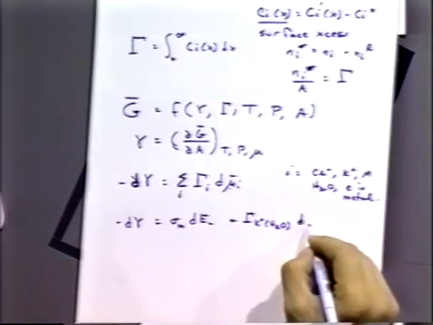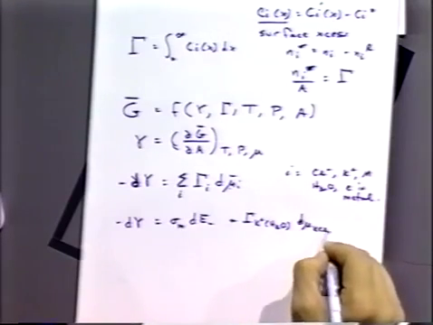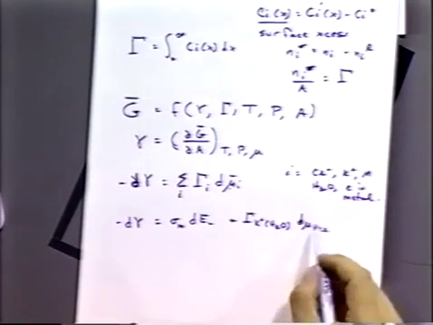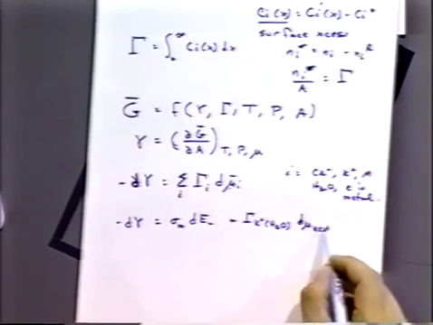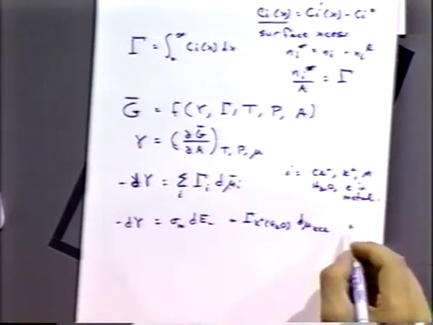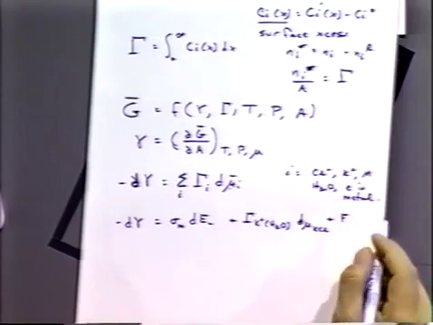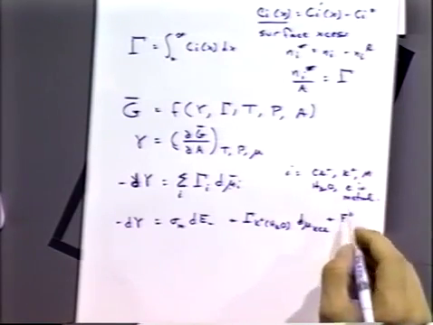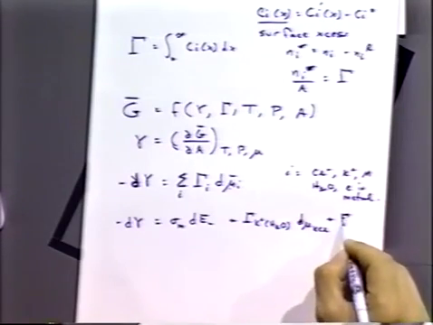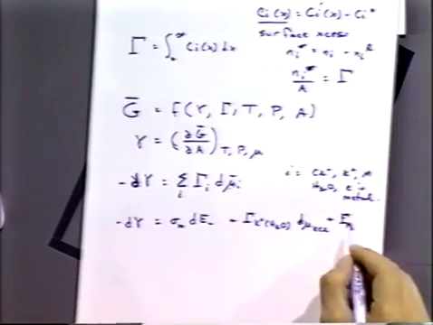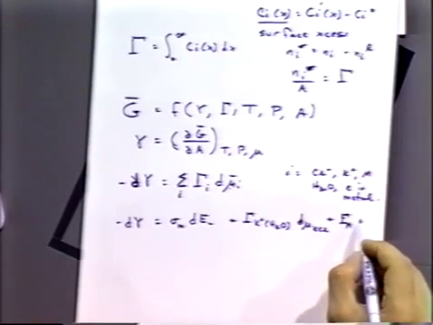Times the derivative of the chemical potential of potassium chloride, plus the same thing for the modifier species.